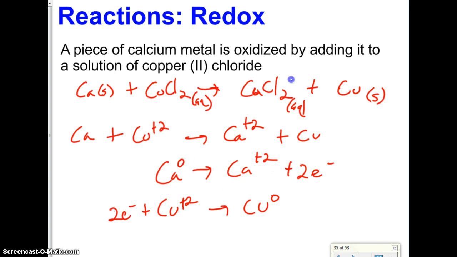Okay, so if we wanted to label this, again, we have Leo the Lion says GER. So we lost electrons here, so this is our oxidation. Gained electrons here, this is our reduction. Once we have this, we balance our electrons, and they already are balanced, so that's kind of the nice thing.